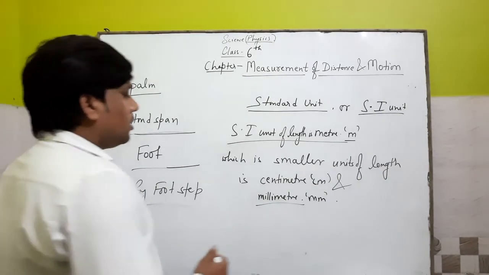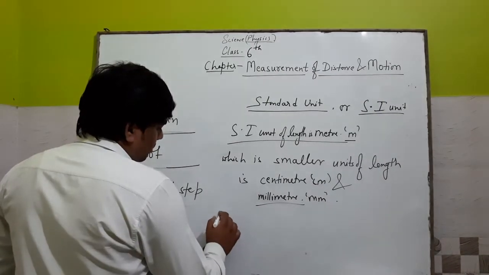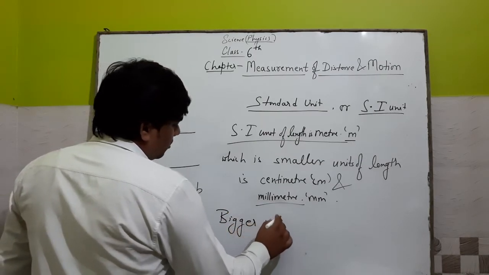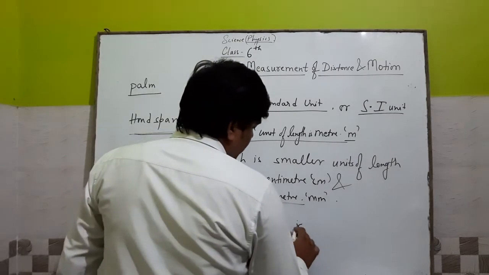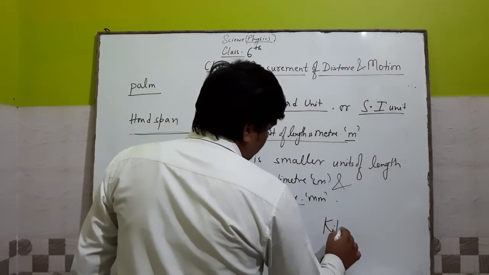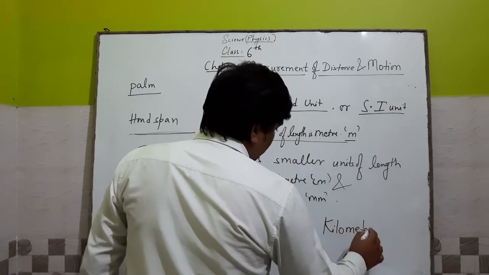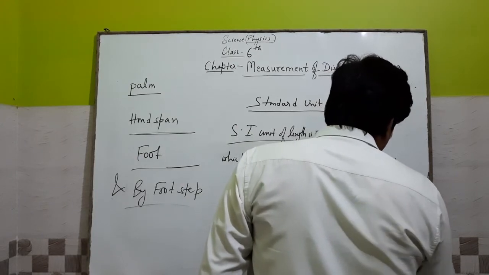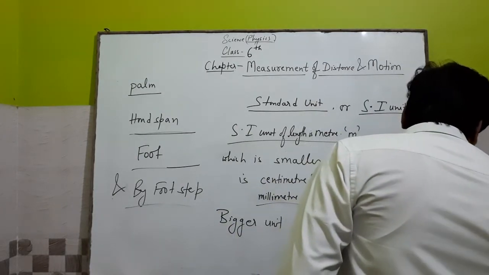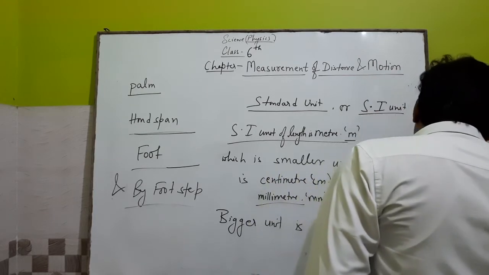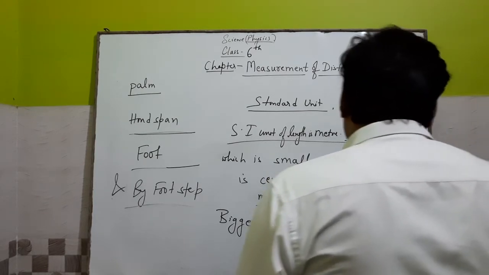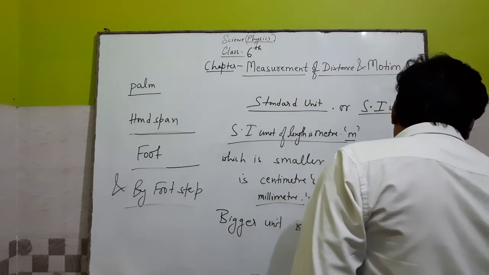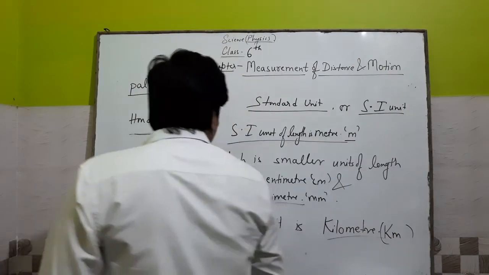Okay, now next some bigger unit is kilometer, and this kilometer is represented by km, capital K, small m. This is the bigger unit.